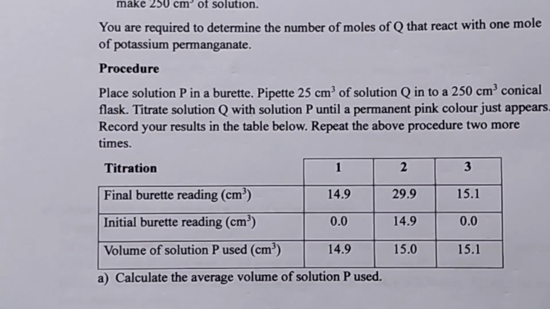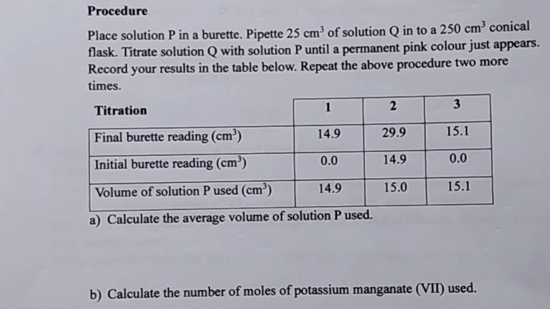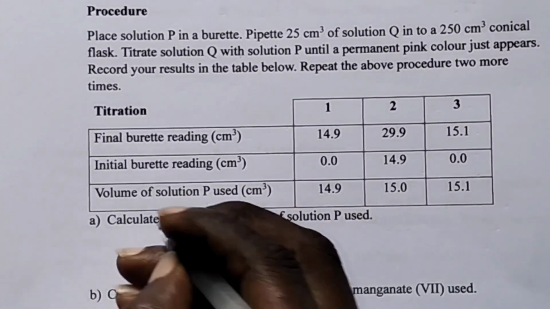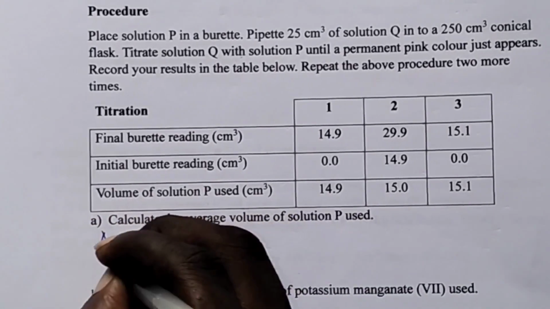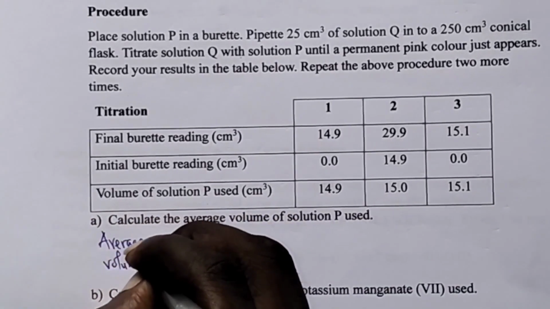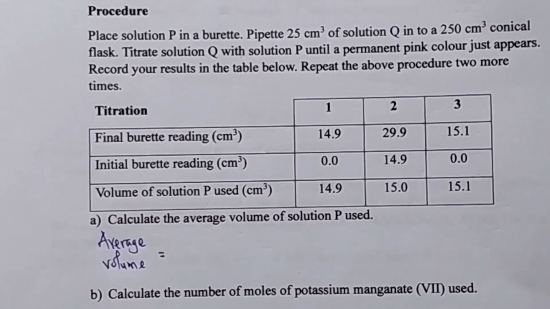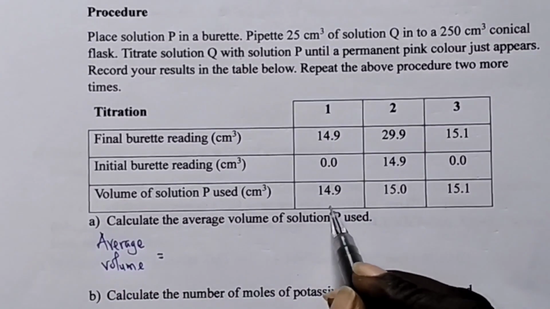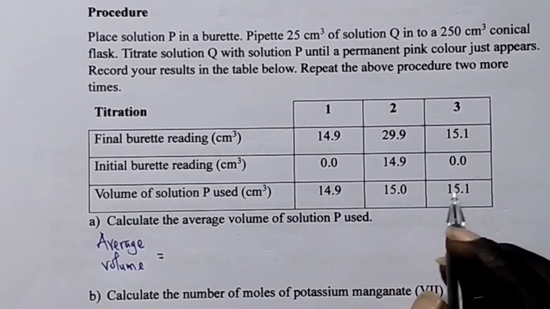So let's go to the first question, part A. We are to calculate the average volume of solution B used. So how are we going to get average volume? First of all we have to check the titers or titrants. Here we have 14.9, 15.0, 15.1. So the range of all this is plus or minus 0.2.